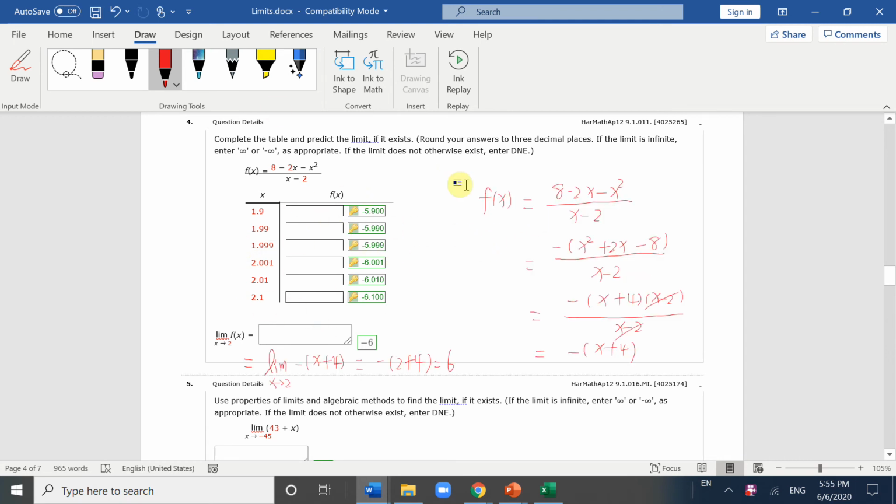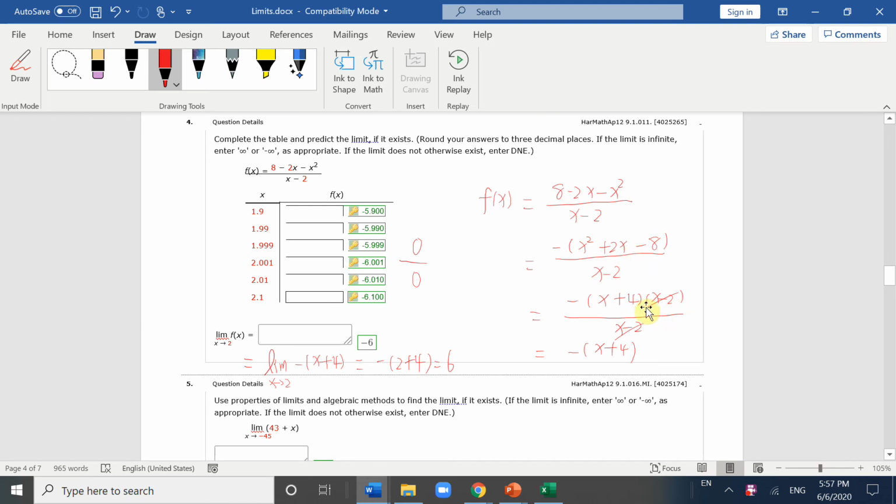You see when x approaches 2, the denominator approaches 0. So here is 0. This is what we call 0 over 0 form. Once we have 0 over 0 form, you need to try factoring the numerator to see if any factors could cancel out the denominator.